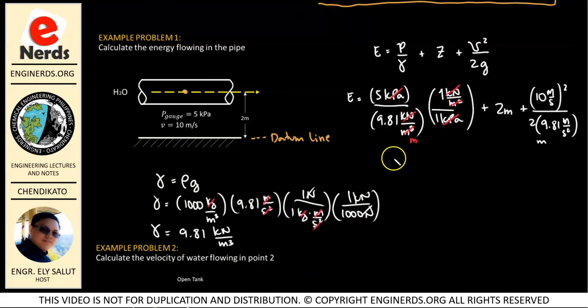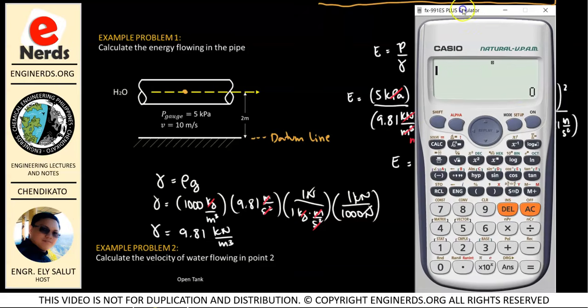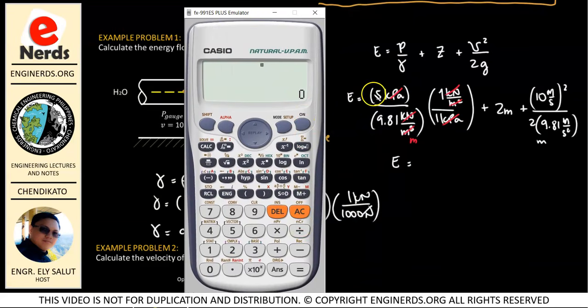Okay. So this means that we have energy is equal to, let us use our calculator now. Okay, so we have here 5 divided by 9.81, plus 2, then plus we have 10 squared divided by 2 times 9.81.